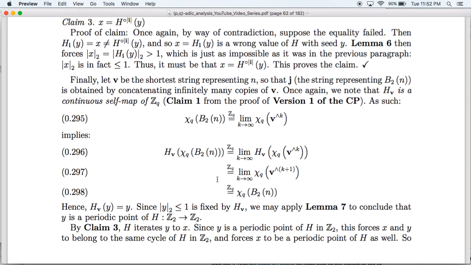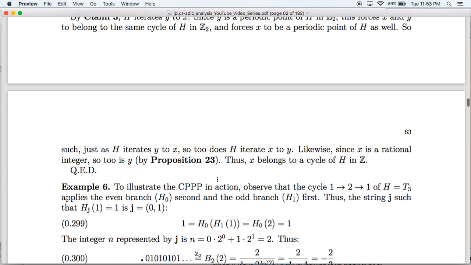So y is a q-adic integer, which is a rational integer, which is fixed by h, and that means that y is a periodic point of h in the q-adic integers, which makes x a periodic point of h in the q-adic integers, which makes y in the forward orbit of x and x in the forward orbit of y, and since x is a rational integer, that forces y to be a rational integer as well, and that completes the argument.